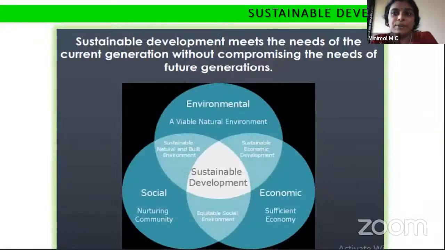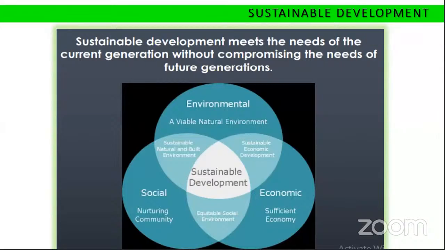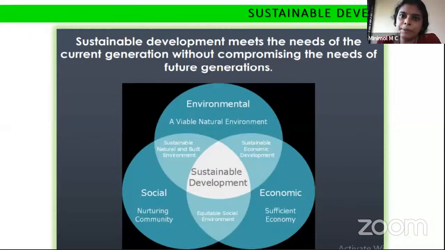I hope all of you are aware of the concept of sustainable development. It is basically a development methodology that meets the needs of the current generation without compromising the needs of future generations. When we look at the concept of sustainable development, we have to really focus on three aspects.